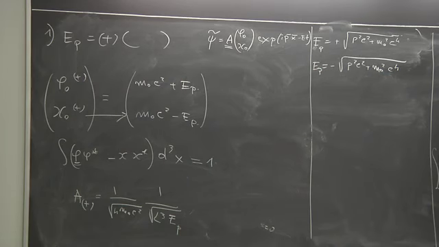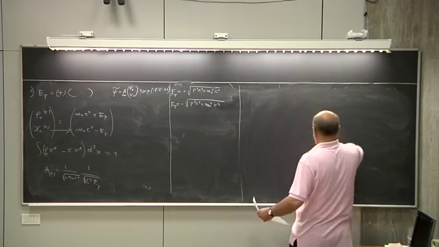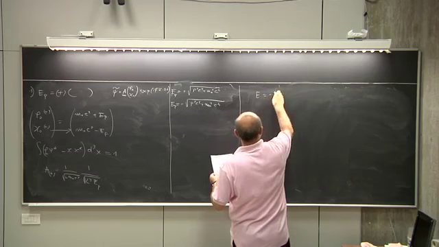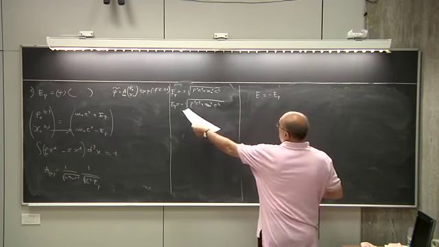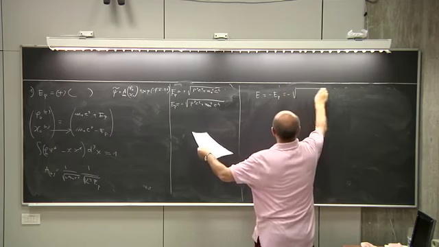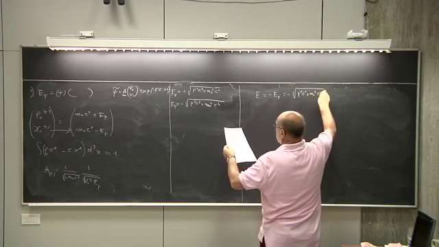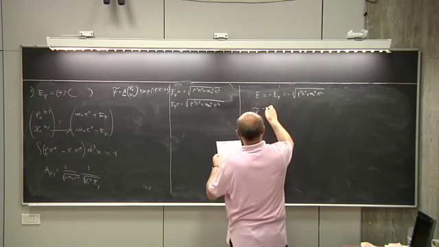Now let's do the other choice, E being negative. So let's choose E equal minus E_P, in the sense that we choose the negative one of the two, equal to minus the square root of p squared c squared plus m0 squared c to the 4. My solution I call psi tilde minus.